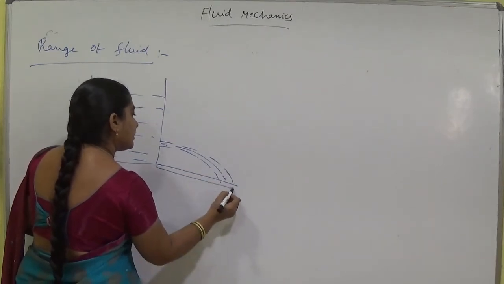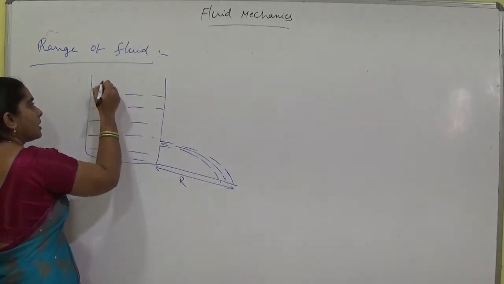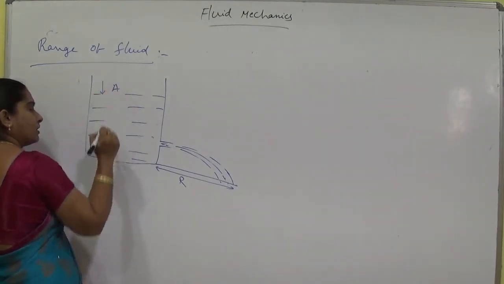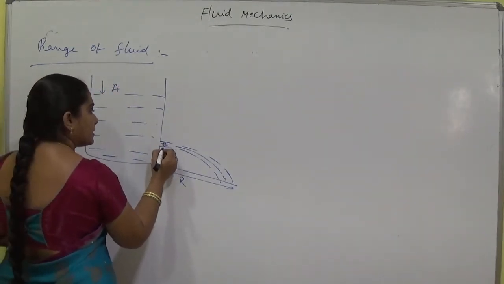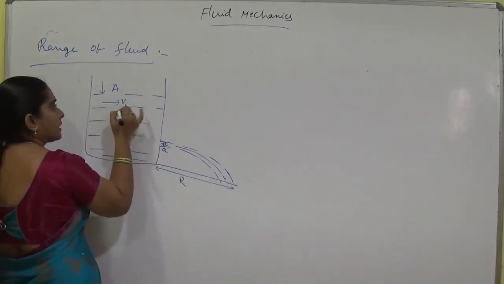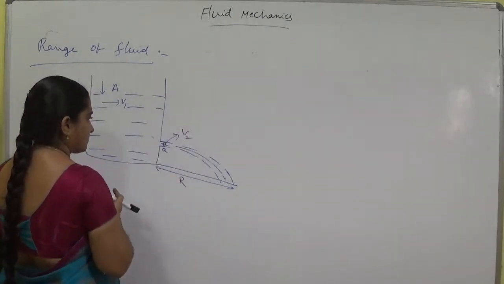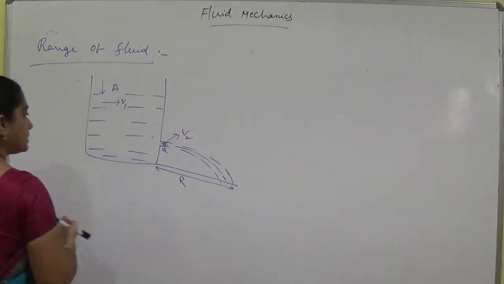This is called the range. The tank area is A and the orifice area is small a. The velocity is V1 and this velocity is V2.